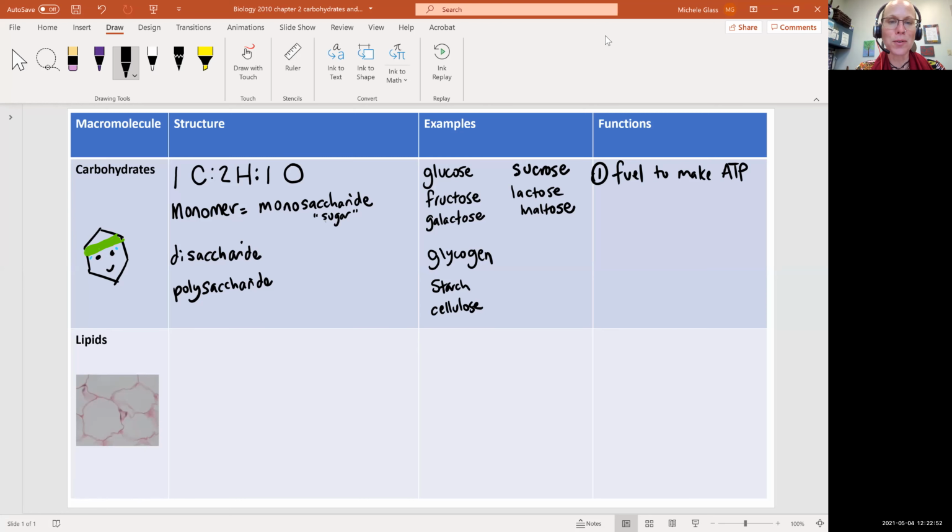It shows up throughout the whole course, actually. So ATP stands for adenosine triphosphate. And this is our way that we store energy. This is our energy molecule. So if a process in the body requires energy, it's going to require ATP. If a process in the body makes energy, it's going to make ATP.